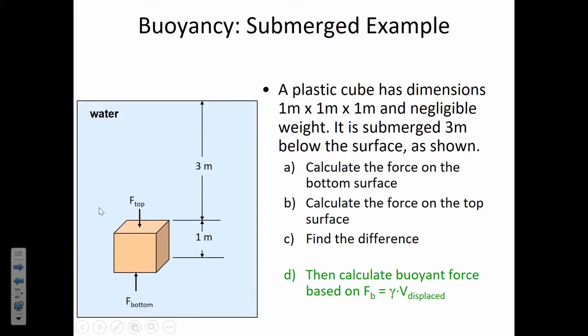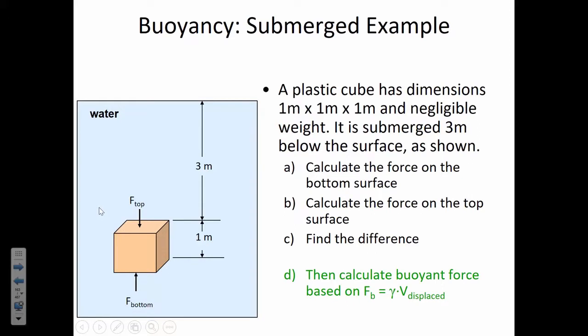And part B, if we're going to now look at what's the force acting on the top, just by calculating the pressure and the area over which that pressure is exerted. So F top is delta H times gamma times A. And again, the delta H times gamma is where we're getting the pressure at some depth. Okay, so the delta H for the top surface is 3 meters.